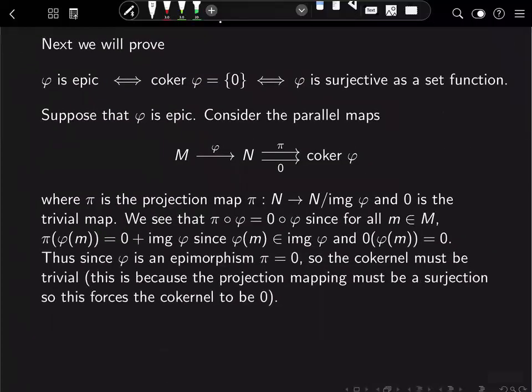So since phi is an epimorphism, this implies that pi is the trivial map. So the cokernel must be trivial, and this is by the same logic. The projection mapping must be a surjection, so this forces the cokernel to be 0.